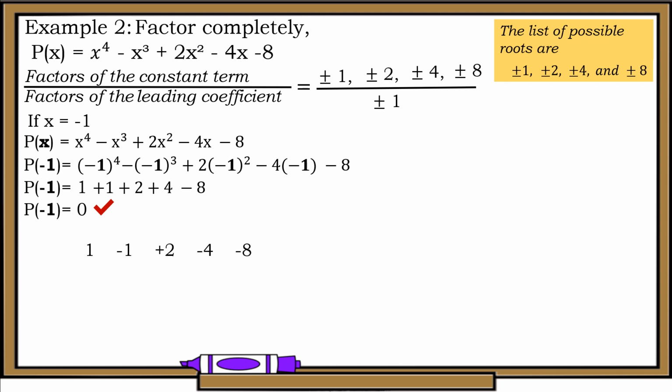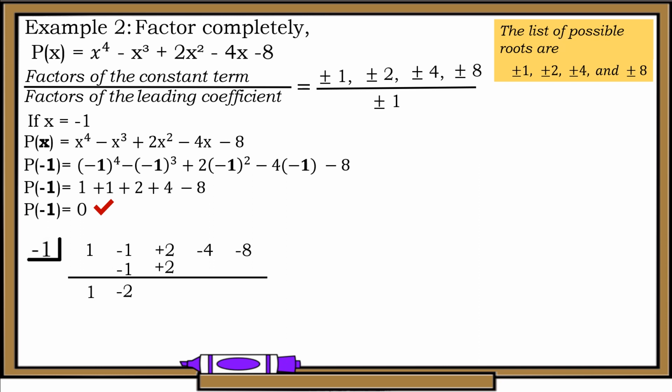Let us now use synthetic division. Isulat natin isa-isa yung numerical coefficient ng polynomial. 1, negative 1, 2, negative 4, and negative 8. So, ang gagamitin nating divisor ay negative 1. Bring down 1. 1 times negative 1, negative 1. Negative 1 plus negative 1, negative 2.